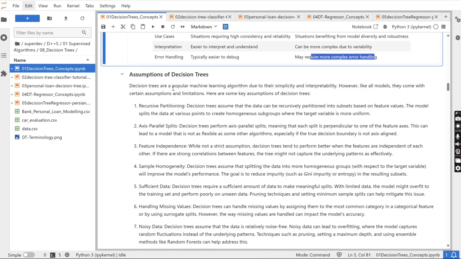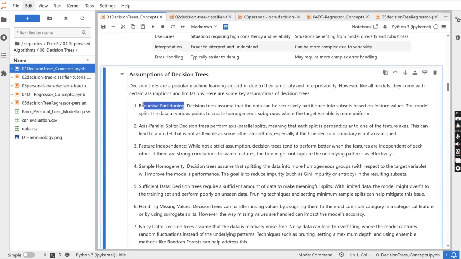Next, working with decision trees, we have to understand some of the assumptions. One assumption is the data should be recursively partitionable. That means whatever data you provide must have certain rules that can be generated.